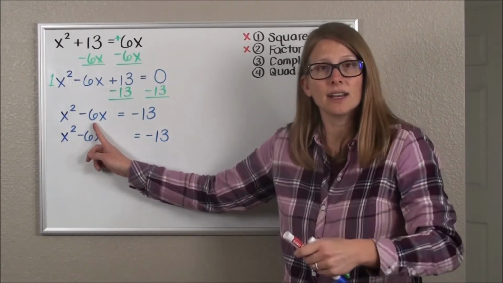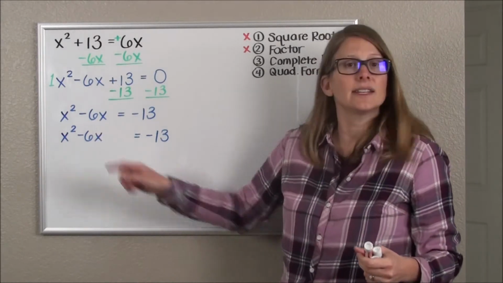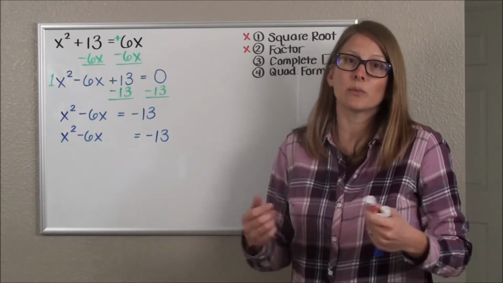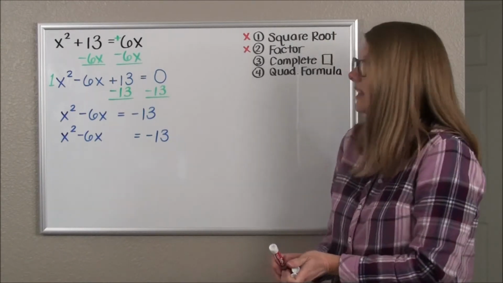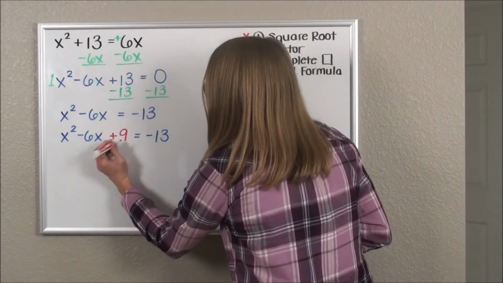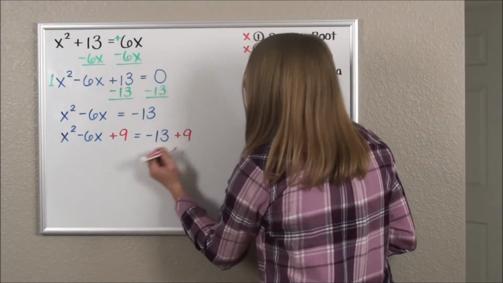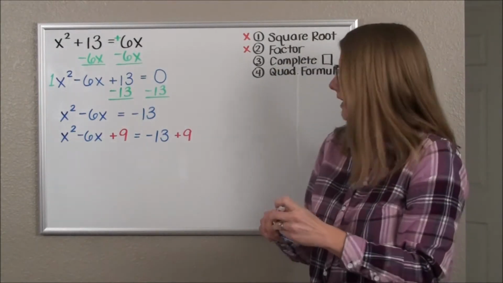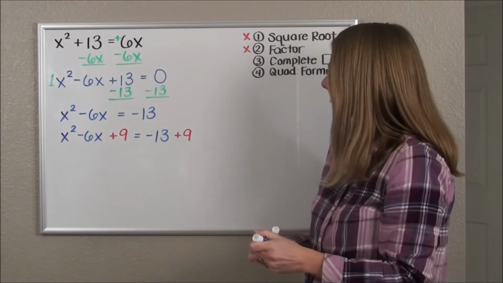Our job is to cut it in half and square it. If I take negative 6 and cut it in half, I get negative 3. When I square that, which means multiply it by itself, negative 3 times negative 3 gives me positive 9. And so positive 9 is my magic number that I add to complete the square on the left. I also add it to the right to maintain the balance of this equation.